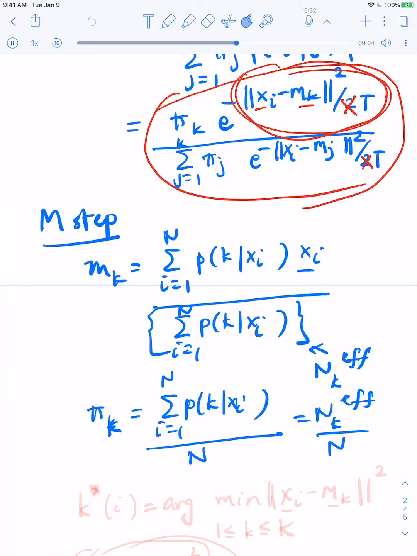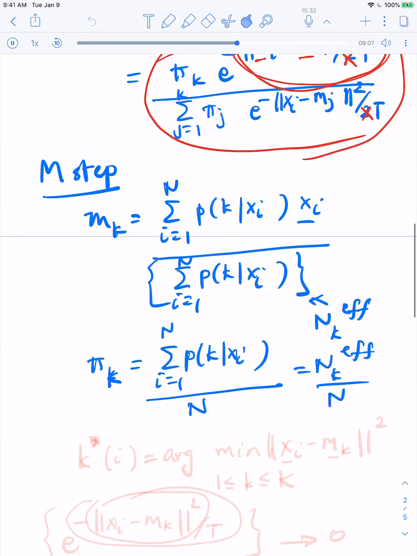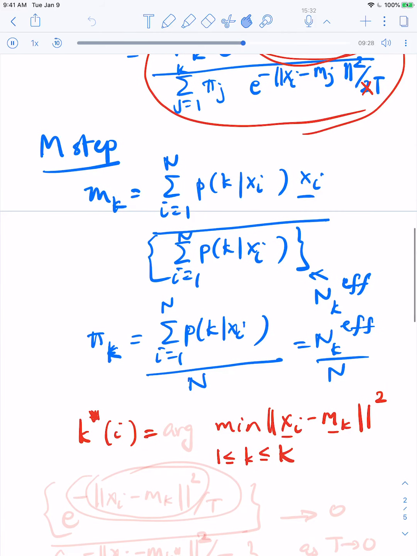So basically let me just make some definitions. Let me say that K star for the ith point is, just minimize over the cluster centers, just like you do in k-means, and because we are actually going to get k-means now. You minimize over all the cluster centers the distance of the ith point, and you take the cluster that corresponds to this minimum.